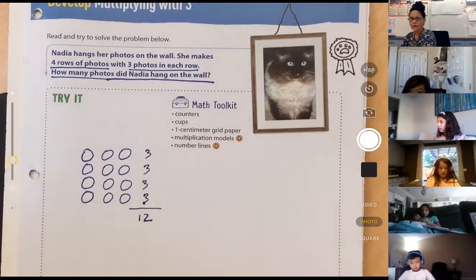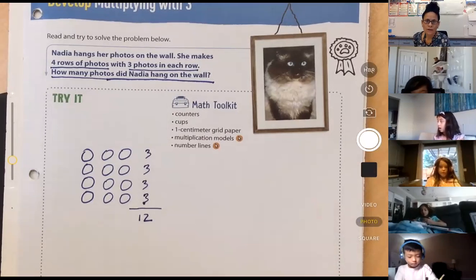And so there we go, friends. We know that we are dealing with 12 total units. But there is a way that we can break this apart that will make it easier for our brains to understand.